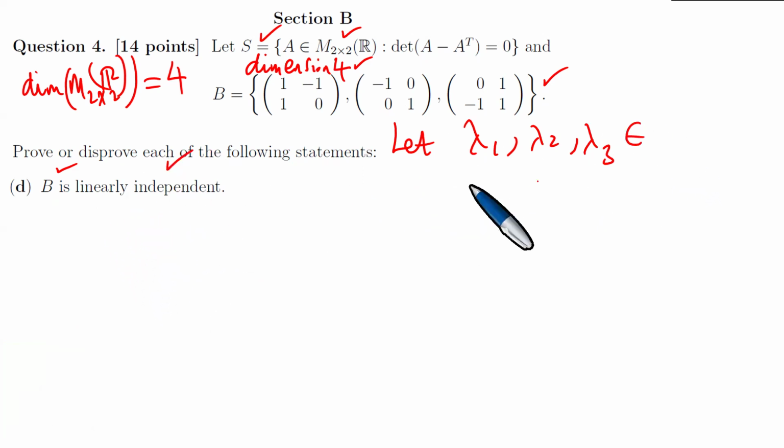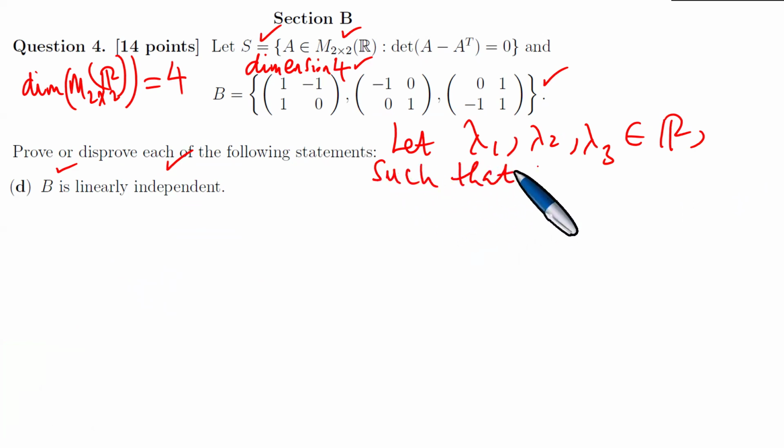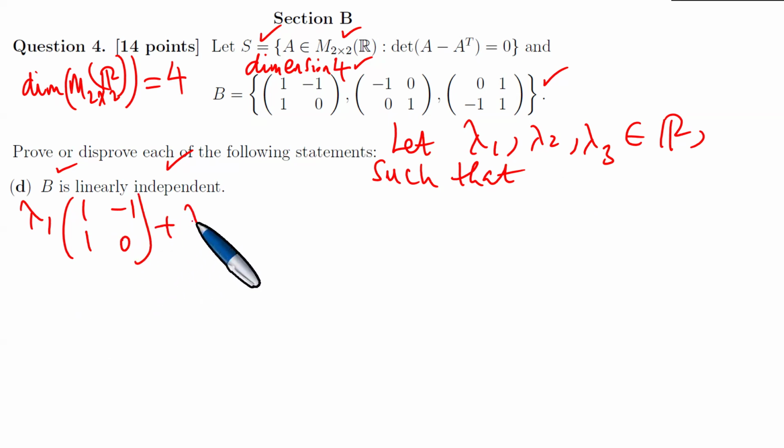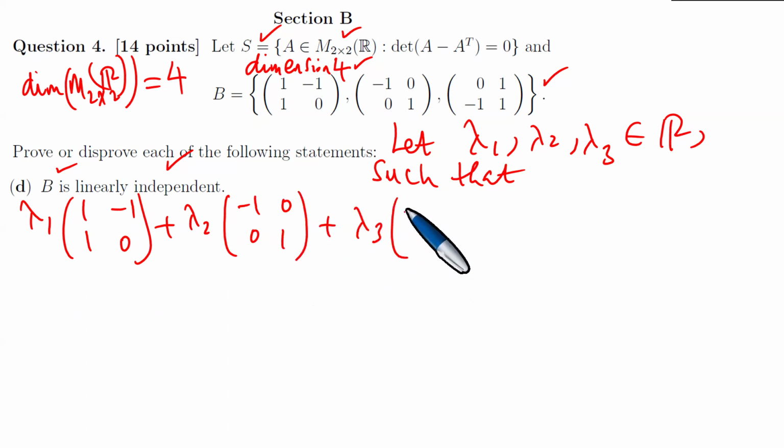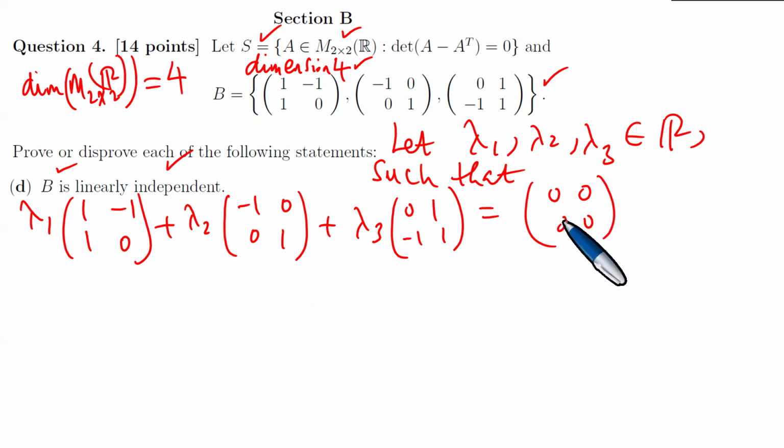To prove linear independence, you need to take 3 scalars because there are 3 vectors, and let them be elements of R, such that we have lambda 1, lambda 2, and then, for linear independence, we write this one and make it the 0 matrix.